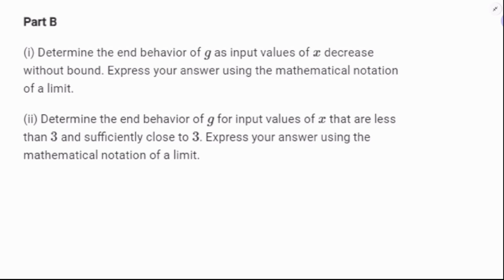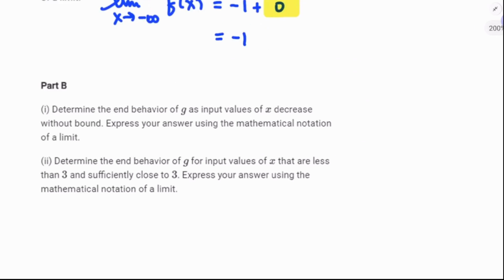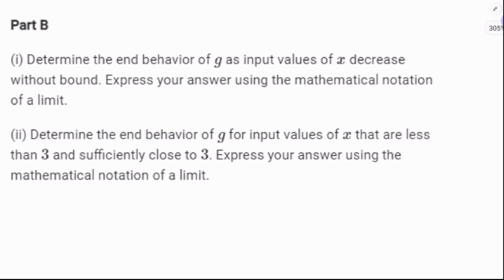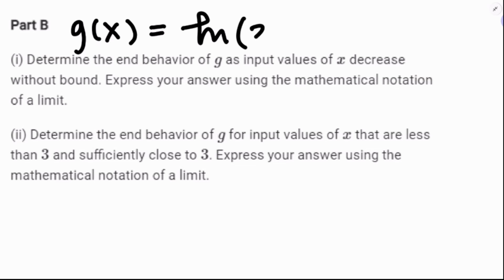So determine the end behavior of g as input values of x decrease without bound. Okay, that's natural log of 3 minus x. I'm just going to copy that in here. Now if we are going to try to figure this out, at least in my sections, I have not been really talking about log of a negative, stuff like that.